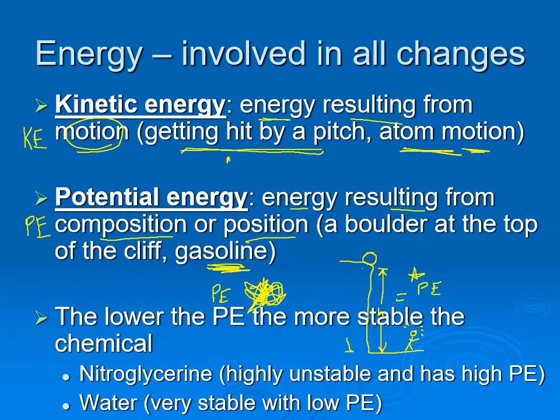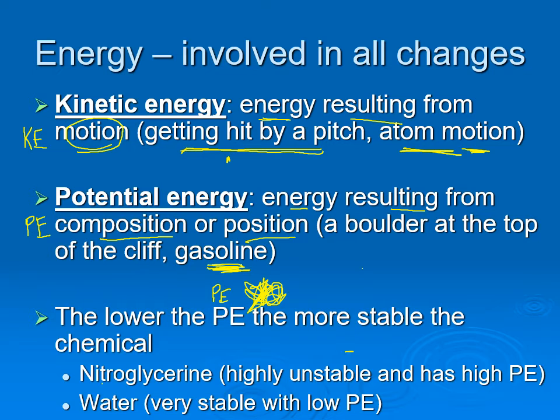Now, let me just erase all of this for the moment. The lower the potential energy, the more stable a chemical. So water has very low potential energy and it's very stable, doesn't really do anything. Whereas gasoline has a high level of potential energy and it's very unstable, so it's flammable, it can be explosive and all of that stuff.